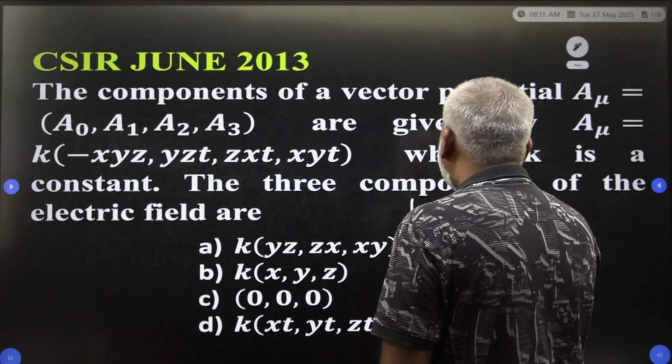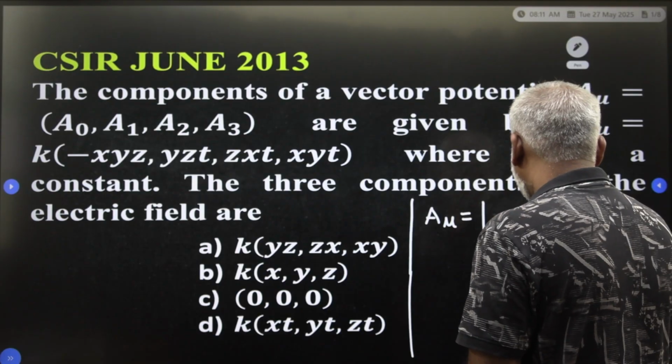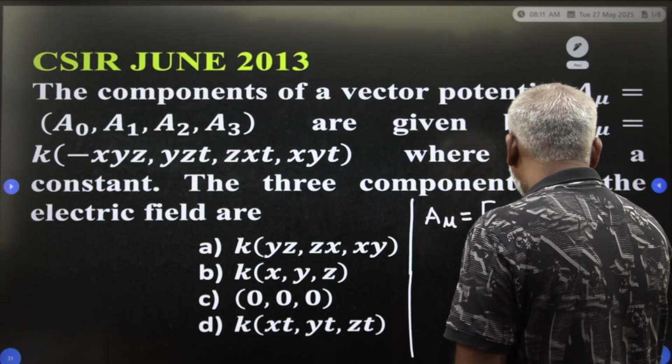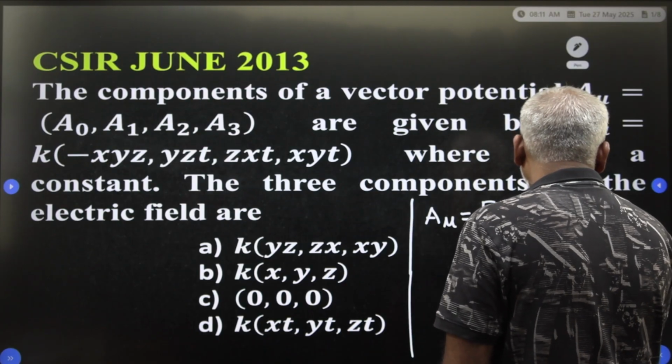The components of a vector potential A mu are given as A mu equals A0, A1, A2, A3.